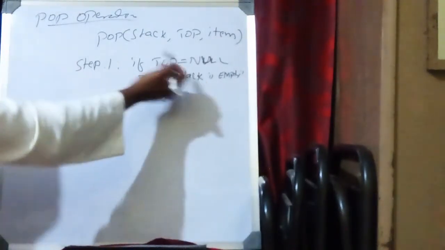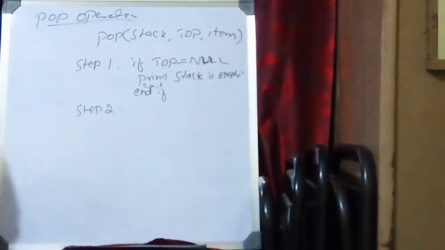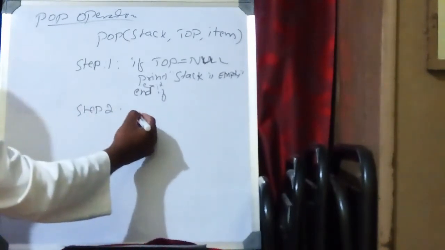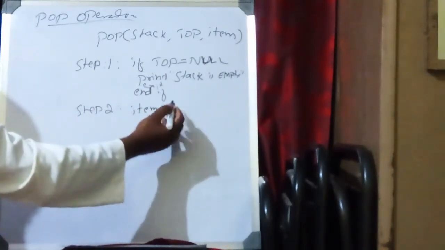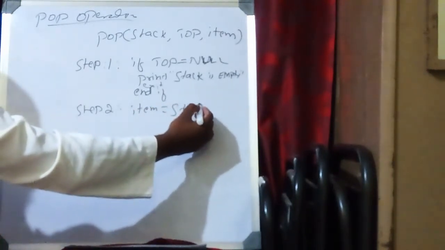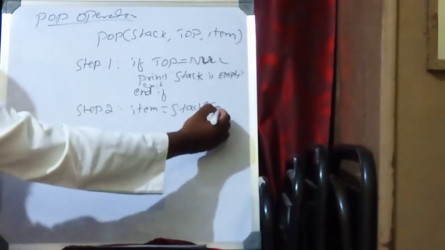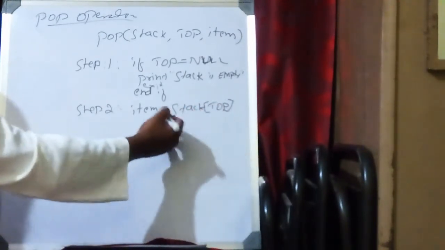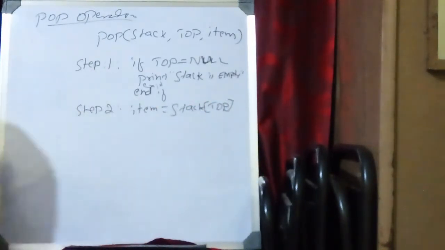Now, if top is not equal to null, then what we will do, first we will take the item. We are copying the element which is on the top. Item is equal to stack of top. We are copying that element into the item.